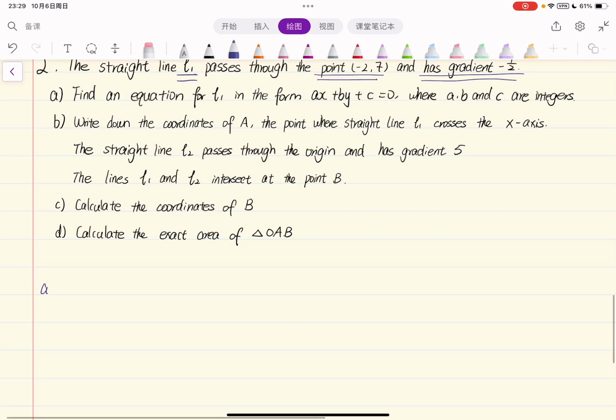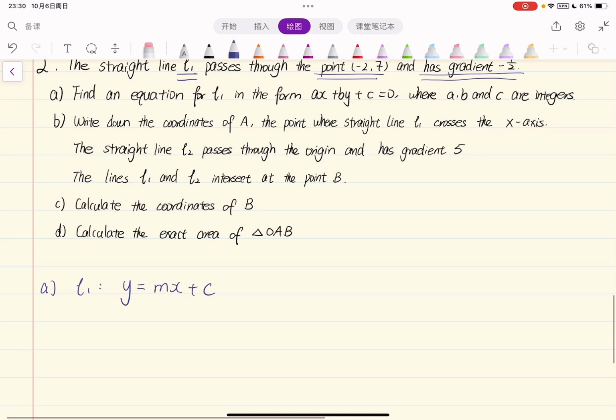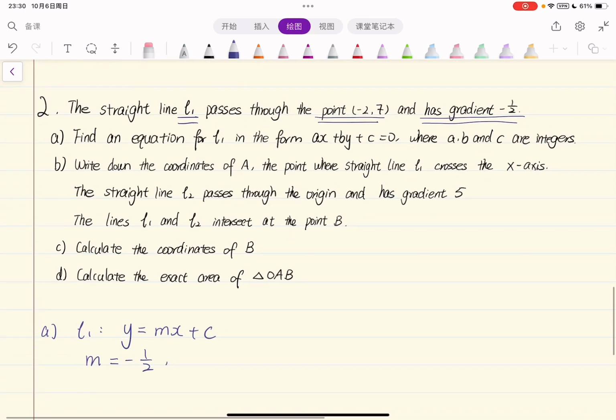So we can write y = mx + c at the beginning. And we know the gradient m equals minus half, and the line passes through the point (-2, 7). So we can substitute the x coordinate and y coordinate into the equation.